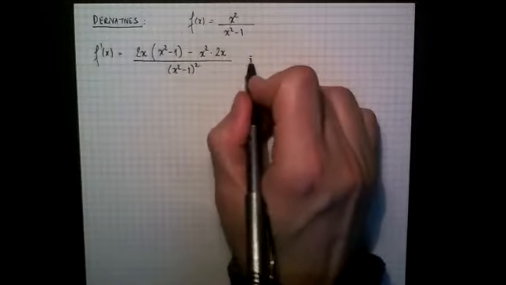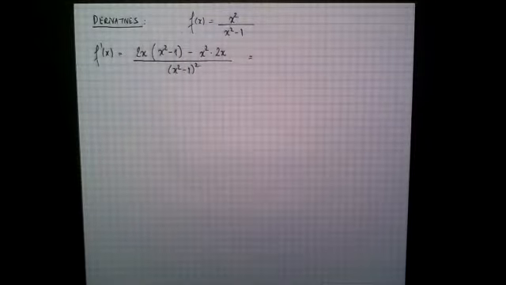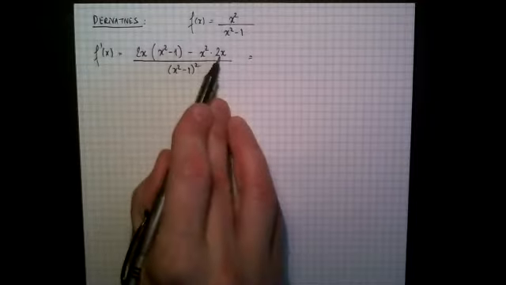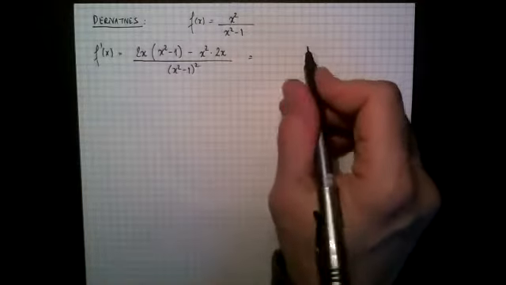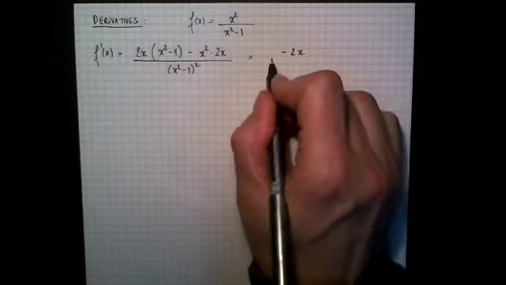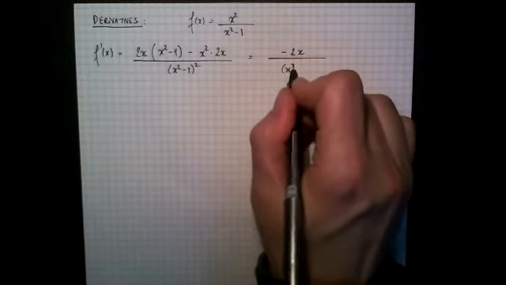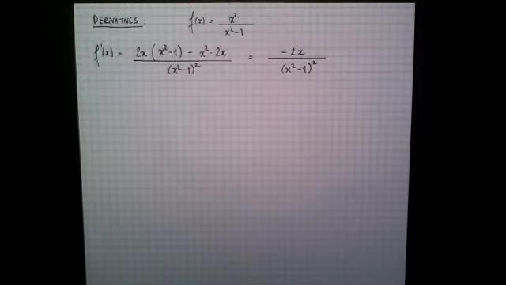Okay, so let's simplify what we can here. So it's 2x cubed minus 2x cubed is out, so I have negative 2x over x squared minus 1 squared.